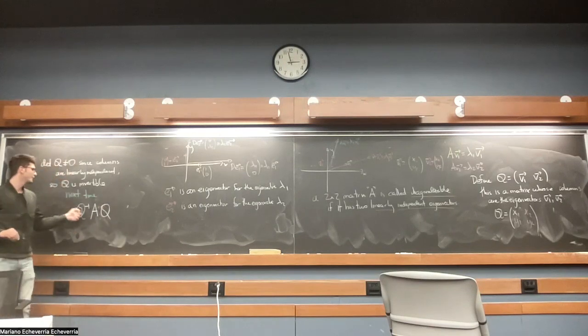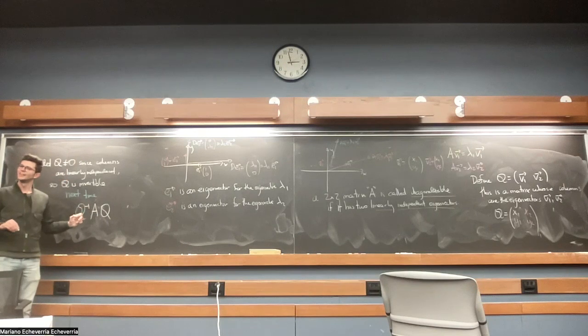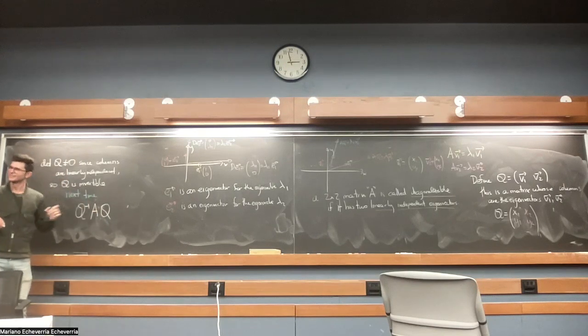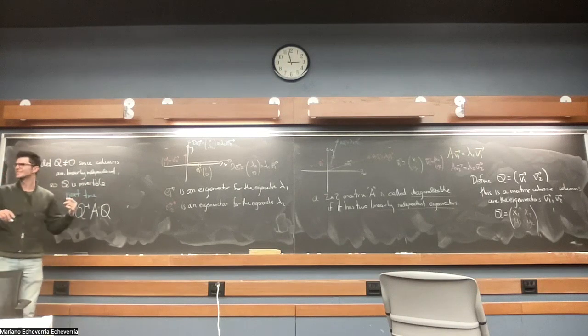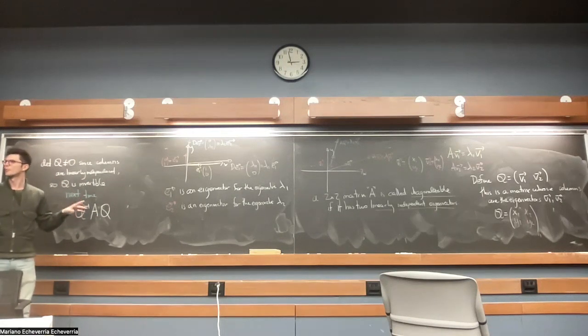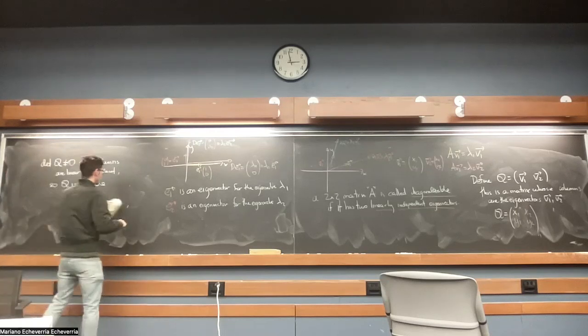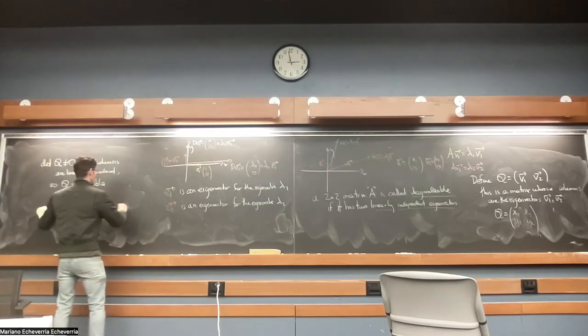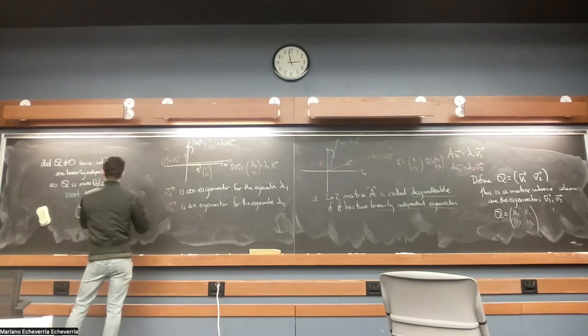When you multiply Q inverse A Q, that gives you a diagonal matrix whose entries are the eigenvalues of the matrix A. That's the more precise sense of what we mean by being diagonalizable. It can be turned into a diagonal matrix if you choose the matrix Q to be the eigenvectors.